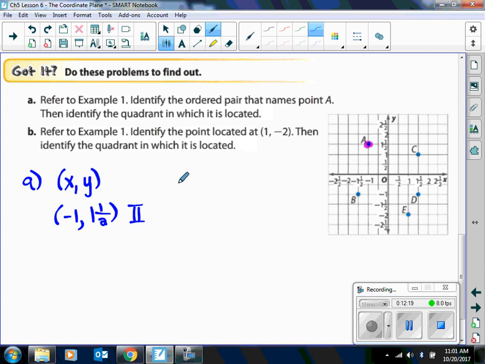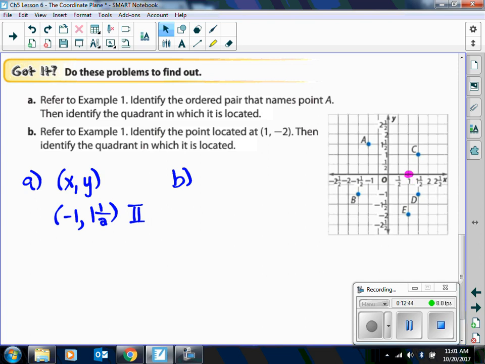So problem B is asking us to identify the point that is located at 1 comma negative 2. What is the point that is located at 1 comma negative 2? Well, let's see. We're going to go to 1, which is positive, so we're going to go to the right 1. Okay, so there's the 1.